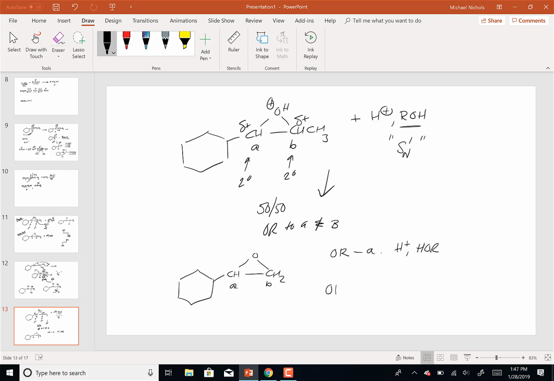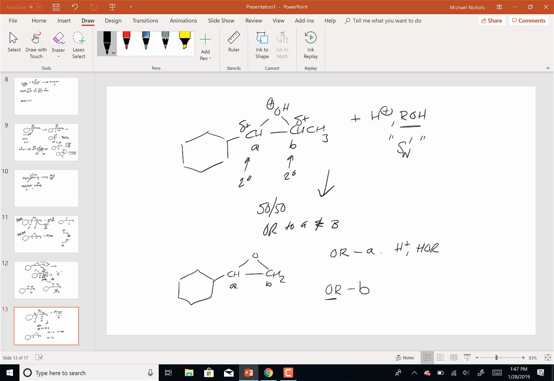If I wanted to add the OR group to carbon B, how would I do it? I need a different set of reagents. A nucleophile?